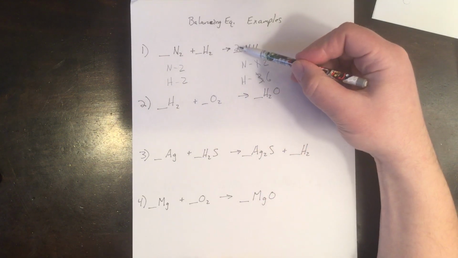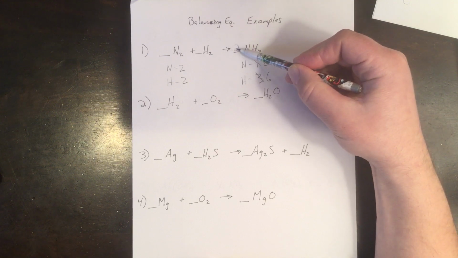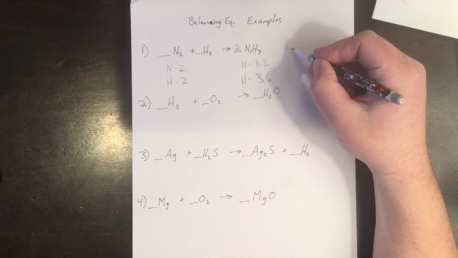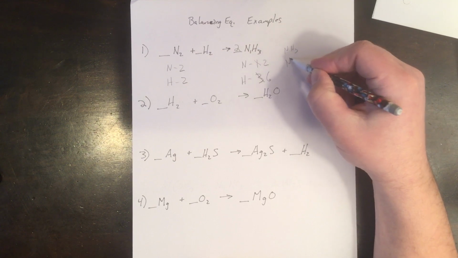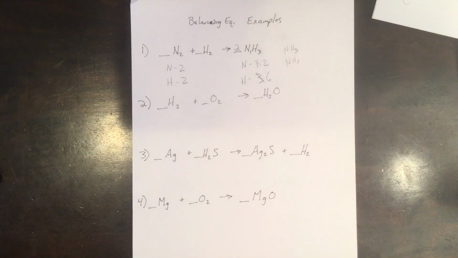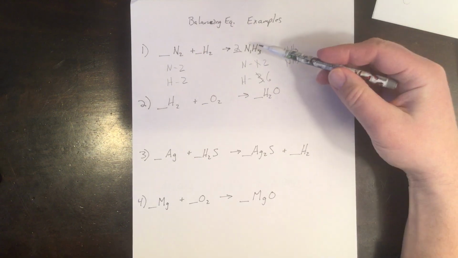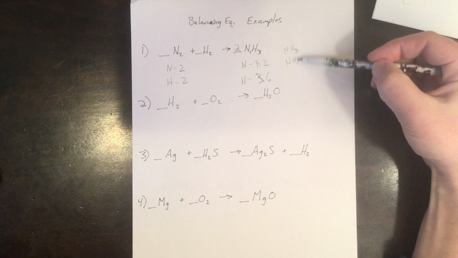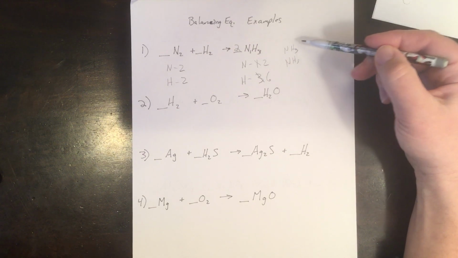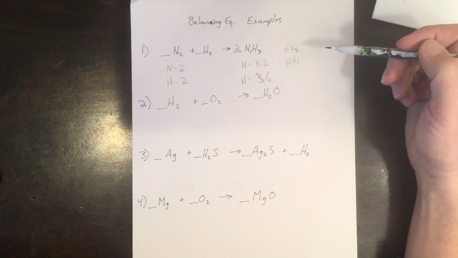The way we do it in class, we say we just multiply these: coefficient times the subscript, coefficient times the subscript. But really what it's doing is saying that we have 2 of these. So if we have two of these compounds, there'd be 2 nitrogens and 6 hydrogens. You don't have to write this out, but I think it's good to realize what's going on.